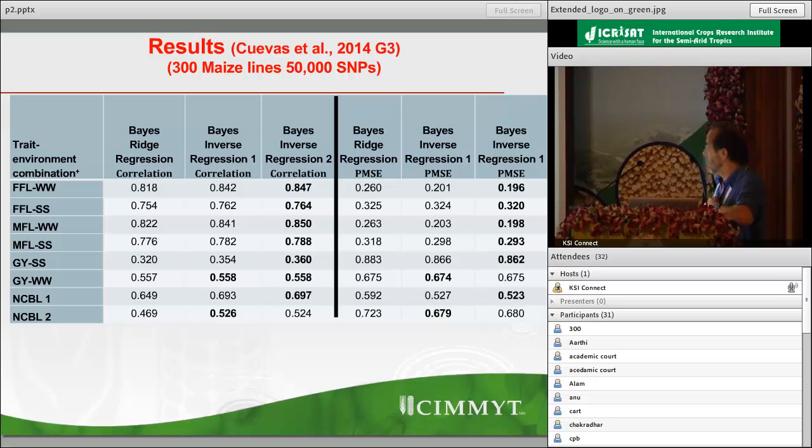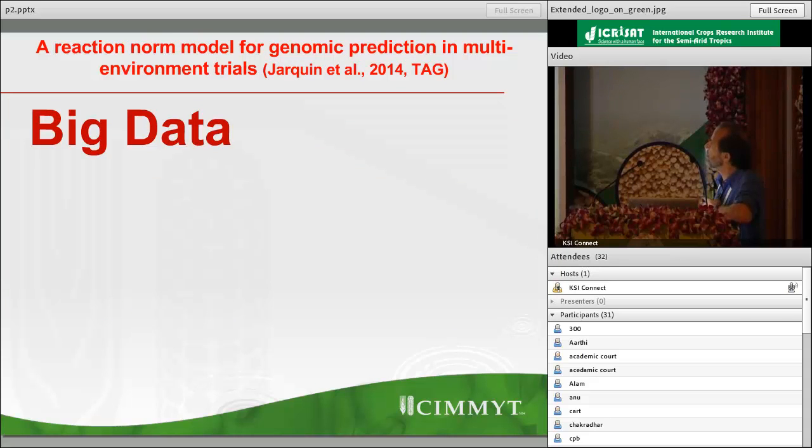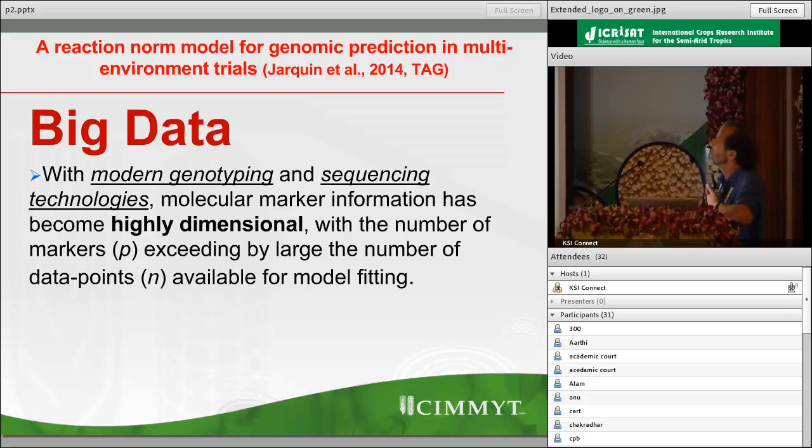Now I'd like to talk a little bit about this reaction norm model for genomic prediction in multi-environment trials. We have big data. Why? Because we have now modern genotyping and sequencing, so we have accumulated highly dimensional marker data. That's exactly the matrix X that I showed at the beginning.